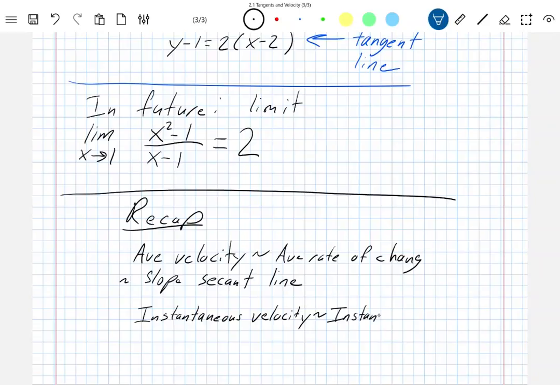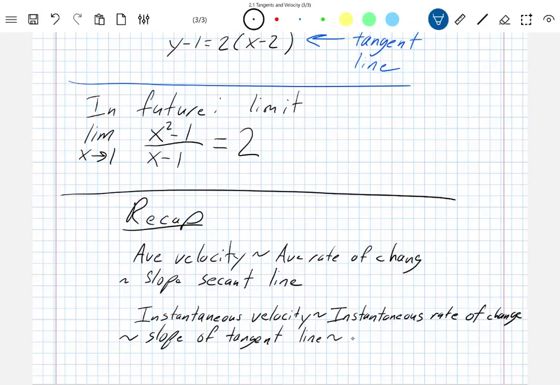It's a little more general if you're not talking about things like speed. And that was the slope of my tangent line. This is usually going to take a little bit more work to find out than just plugging in.